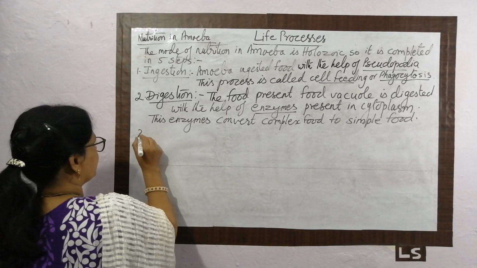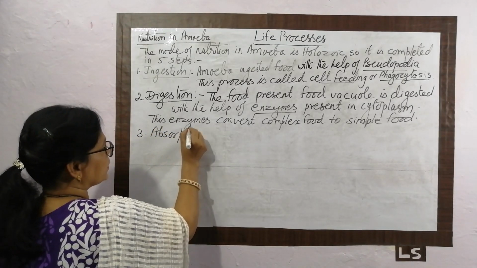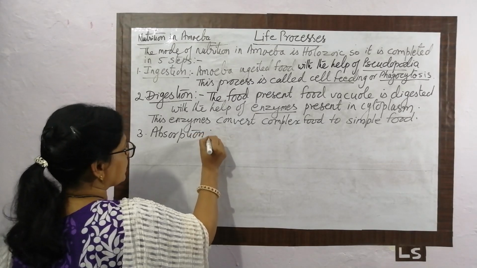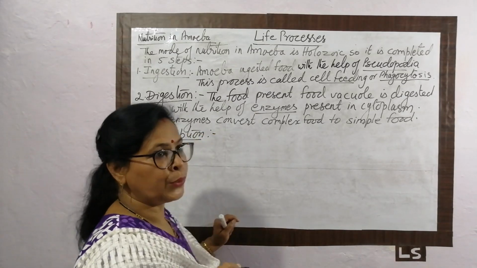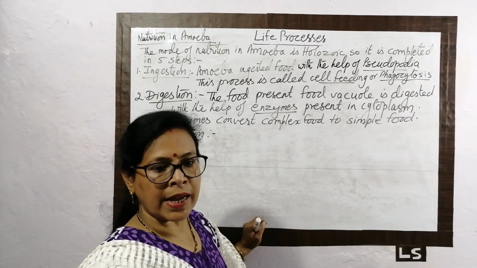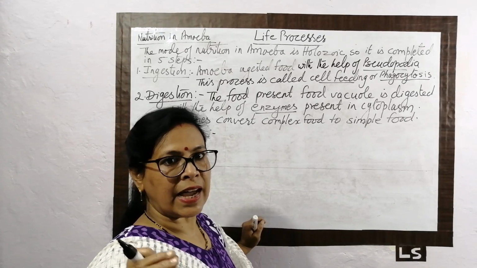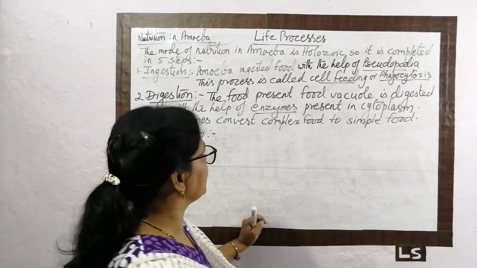Now third is the absorption. When the digestion is over, what is the next step? The nutrients which are formed are circulated in the cytoplasm. Amoeba absorbs the nutrients directly from the cytoplasm.